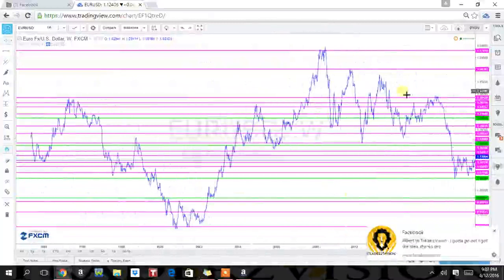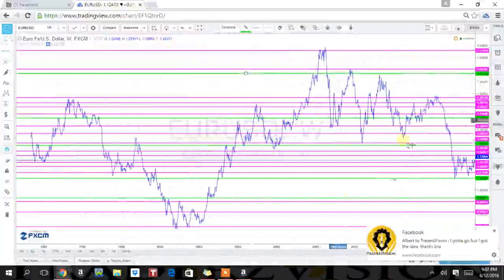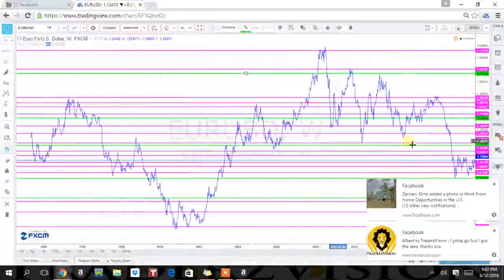Doesn't look like there's much weekly support resistance. Let's say right here, fails right here, drops a couple weeks, fails right here, drops a couple months. Let's see if we can find any more.